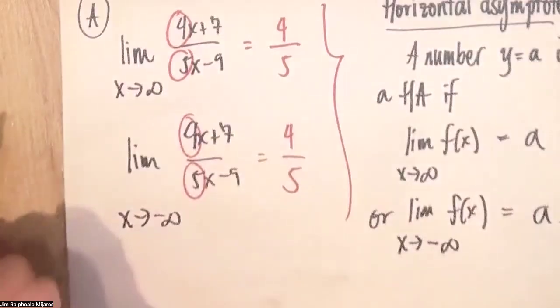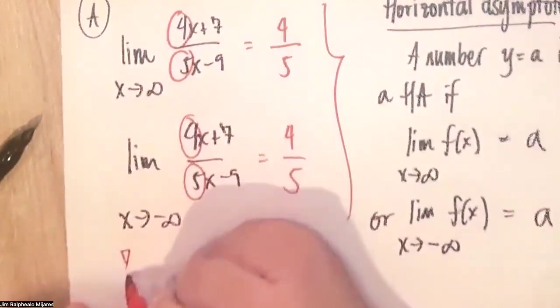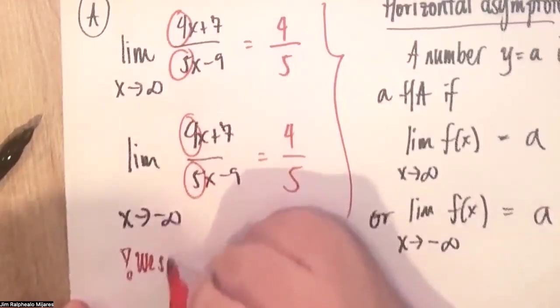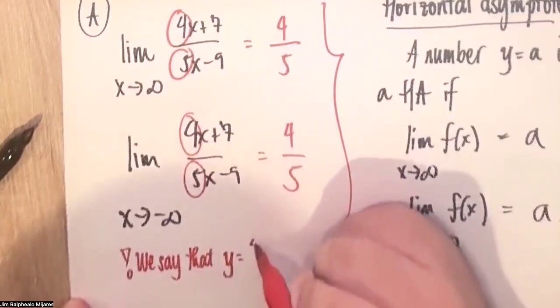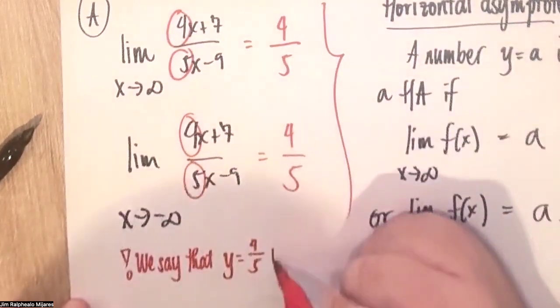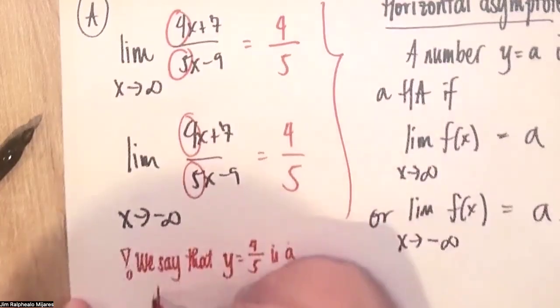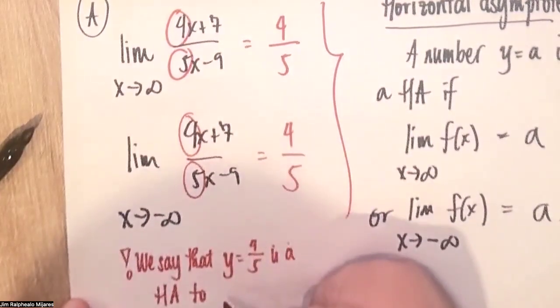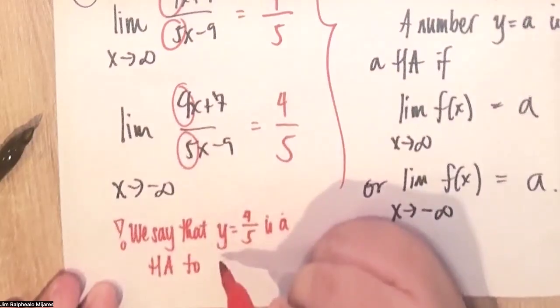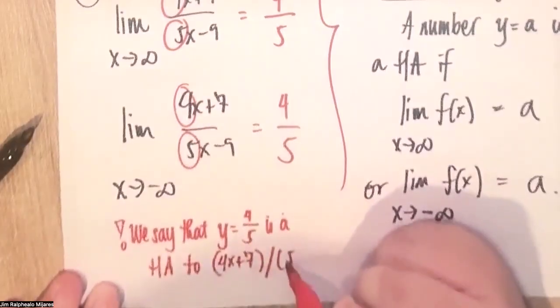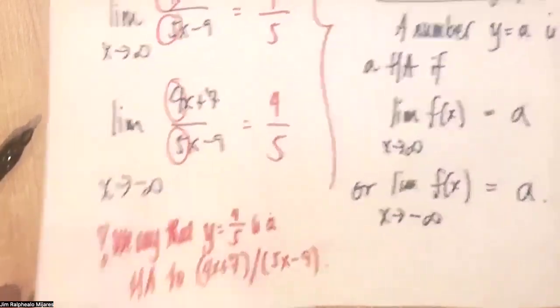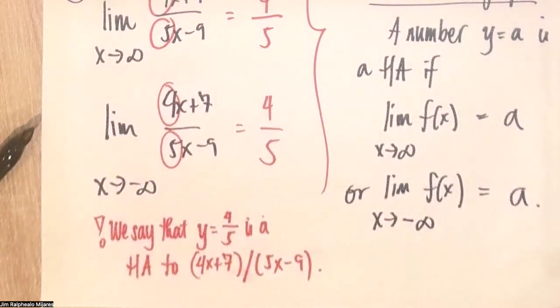For this particular case, we say that y equals 4/5 is a horizontal asymptote to the function 4x plus 7 all over 5x minus 9.